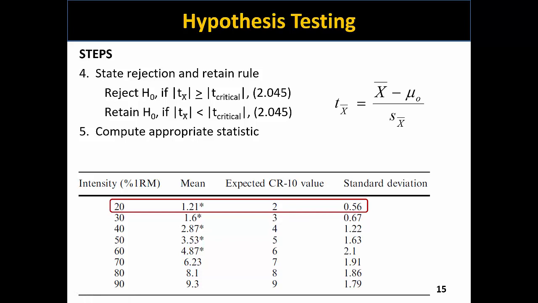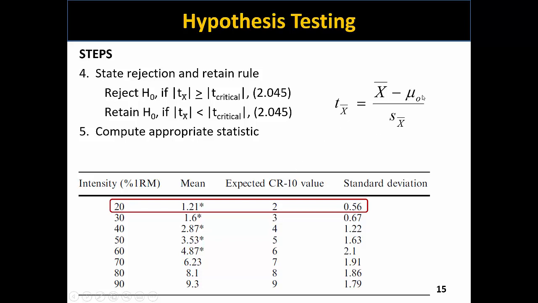So we're going to use our equation in calculating the t-value. This is the calculated t-value, not the critical t-value. We have our group average, and the average here is specific to one situation. That situation is a light lifting load at 20%, and the average is 1.21.